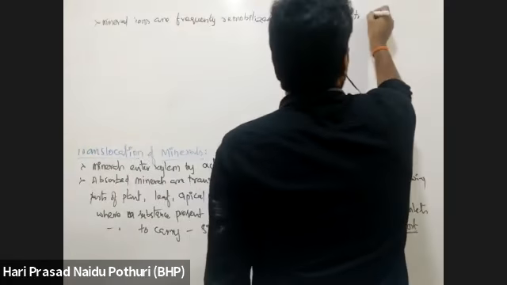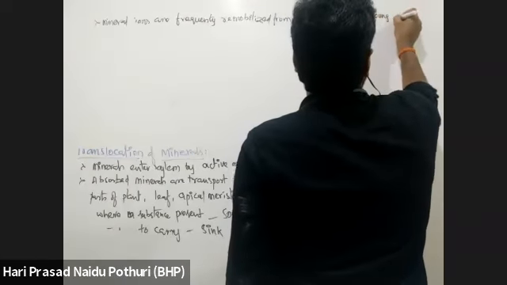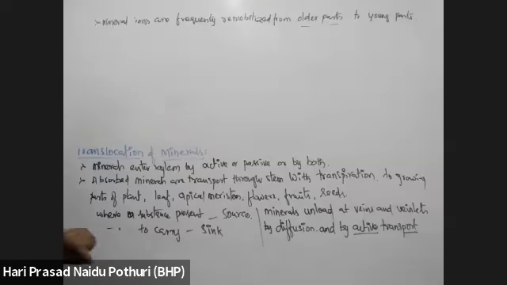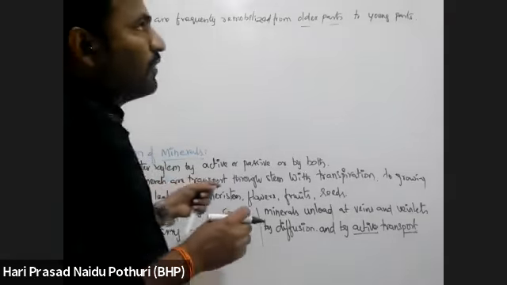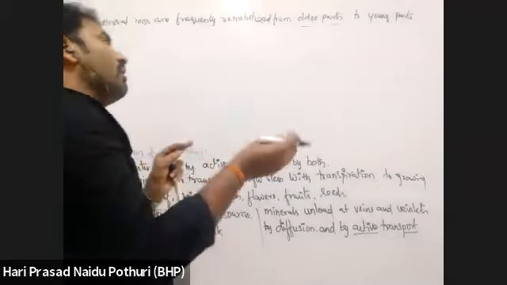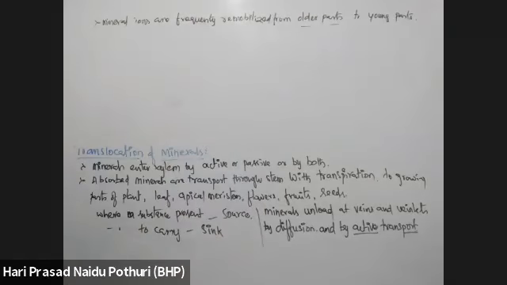So from old parts to young parts, there is active remobilization of the minerals taking place. Okay, when an old part, when a leaf becomes deciduous, that means when a leaf is falling down, all minerals are transported to the active part.